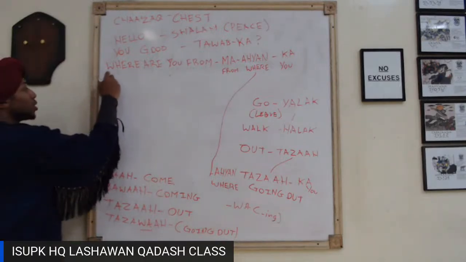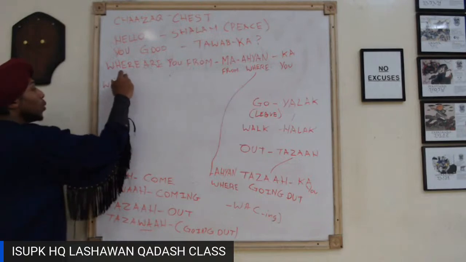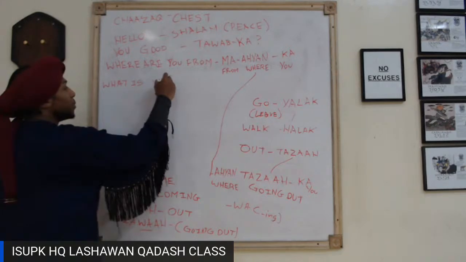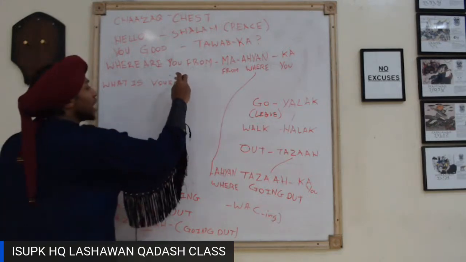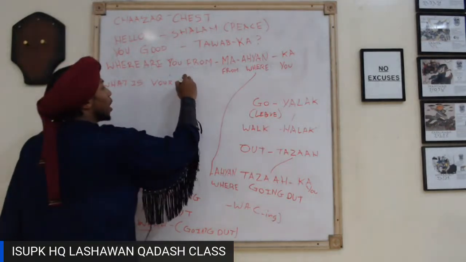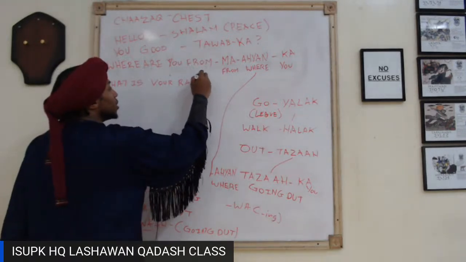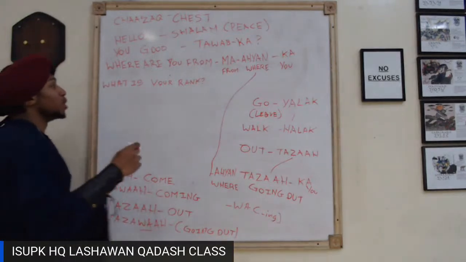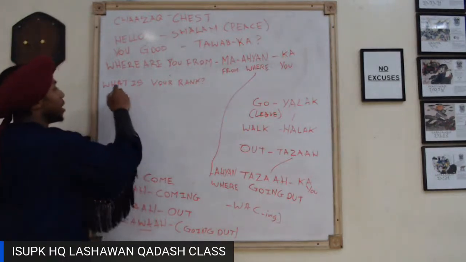Yeah, what is your rank? Do we know how to say rank in here? Okay, rank is Idar, okay? Idar. Right? To know how to answer that too, you're gonna need a little bit of numbers, which we don't have time for today. Right?